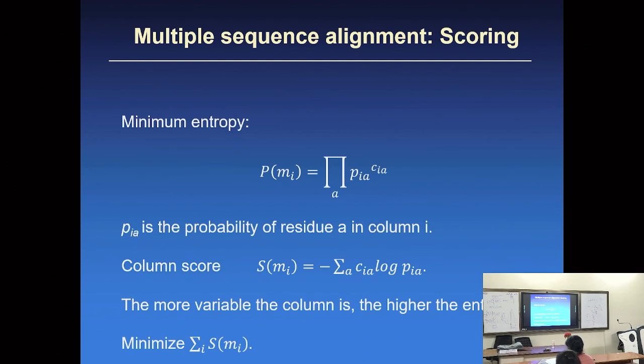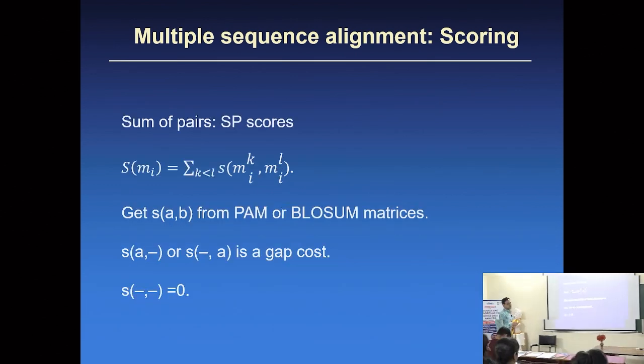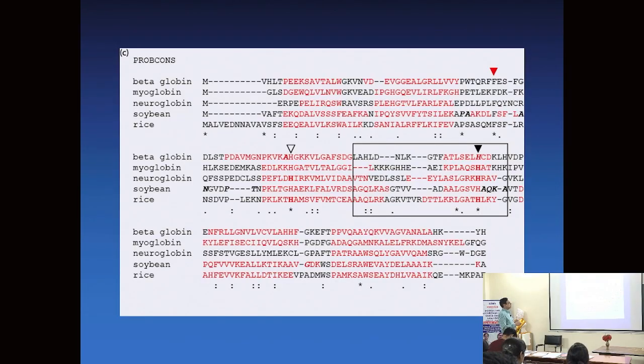Got it? The other approach is called the sum of pairs approach, which is also a simple approach where you consider all pairs for each column and look for their scores in the BLOSUM matrix. Again, consider this column and all pairs: G aligned to K, G aligned to R, G aligned to A, G aligned to R, and then K aligned to R, K aligned to A, K aligned to R, R aligned to A, R aligned to R, and so on for all pairs.